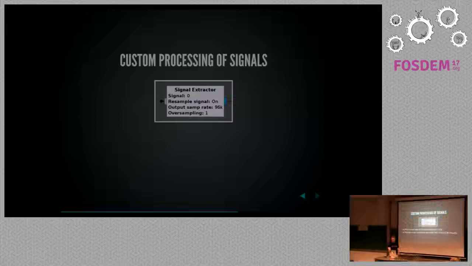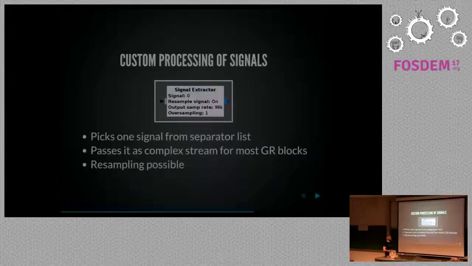Also, the sample rate of a signal is not known during runtime because it samples following the Nyquist criterion, so it depends on the bandwidth of the signal what the sampling rate of the signal after the signal separator is. And there are applications where you need to know your sample rate exactly, and therefore this block also has the possibility to resample the signal to a well-defined sample rate.